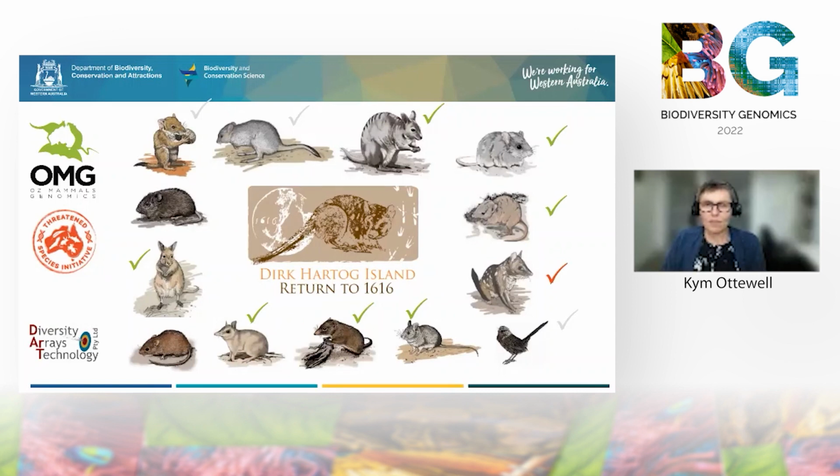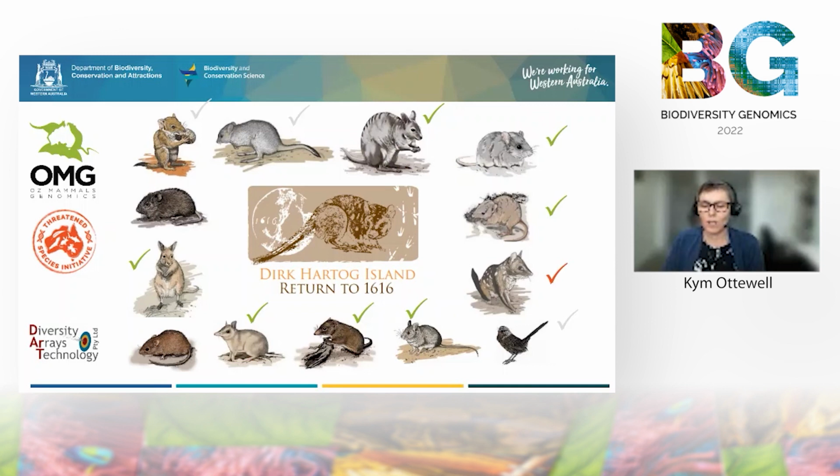So we have been very fortunate to have received good support through the Bioplatforms Australia genomic sequencing initiatives. Both the Mammal Genomics and the more recent Threatened Species Initiative has supported genomic sequencing for many of the species included for reintroduction to Dirk Hartog Island.